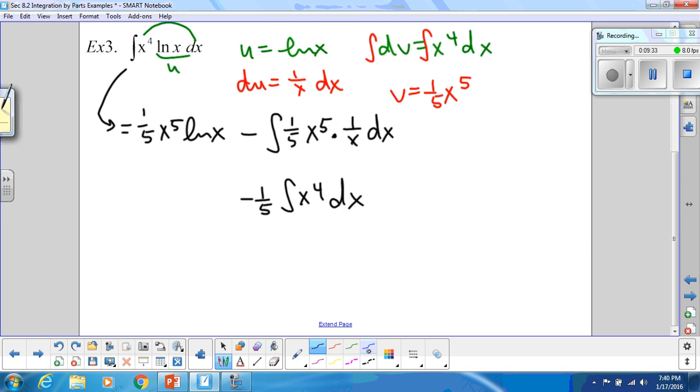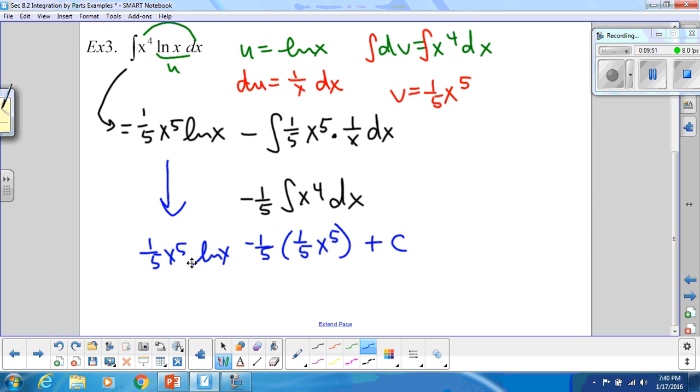And then we're doing the antiderivative of that, which we've already done. So we know that that's going to be 1/5 x to the 5th plus c. And then I'll bring this stuff down too. So I've got 1/5 x to the 5th ln of x in front of that. Okay, so if we simplify that just a little bit more, we'll get the negative 1/25 x to the 5th.